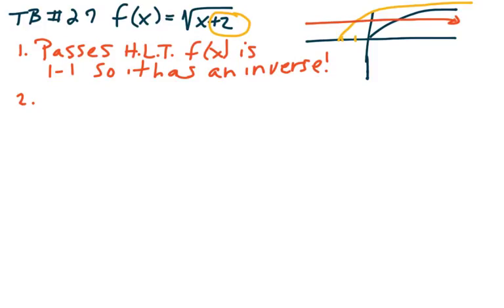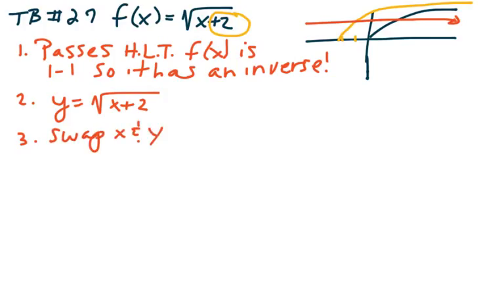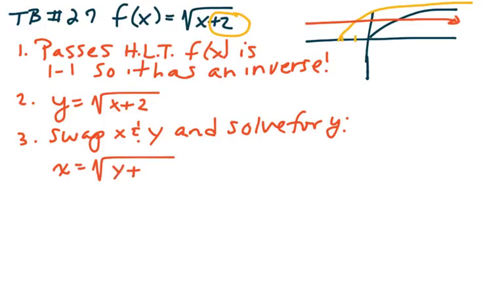Step 2, replace f of x with y. All I'm doing is rewriting the original function with x's and y's. And then I'm going to swap x and y and solve for y. So this becomes x equals the square root of y plus 2. Now solve the equation for y.